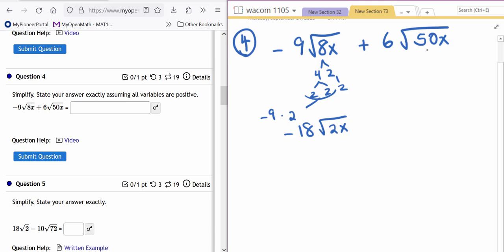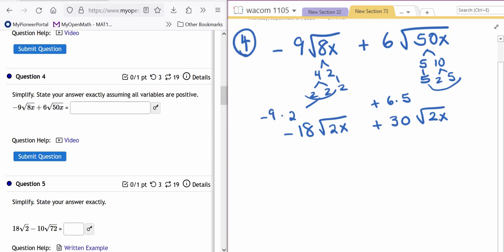All right, this one, 50, we could do 5 times 10. 10 is 2 times 5. And we'll make one group there. 1 5 will go out for that group. So we've got 6 times 5. The 2 is left. So this is plus 30 square root of 2 and an x.